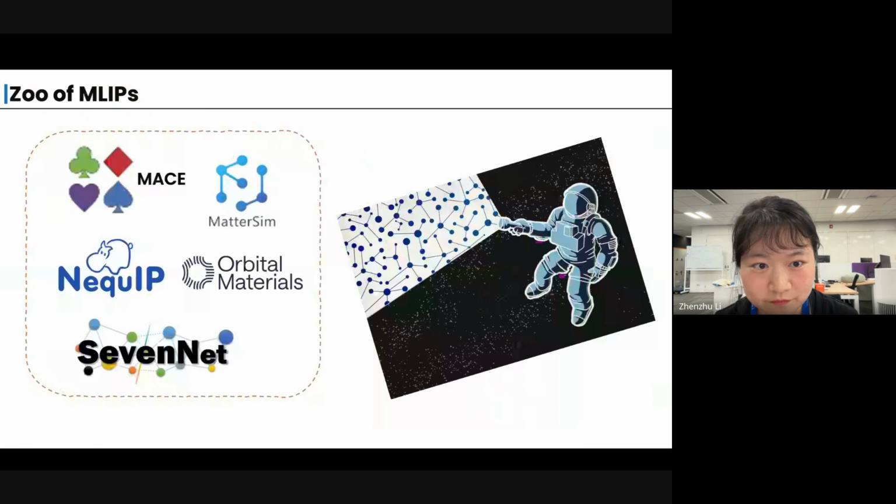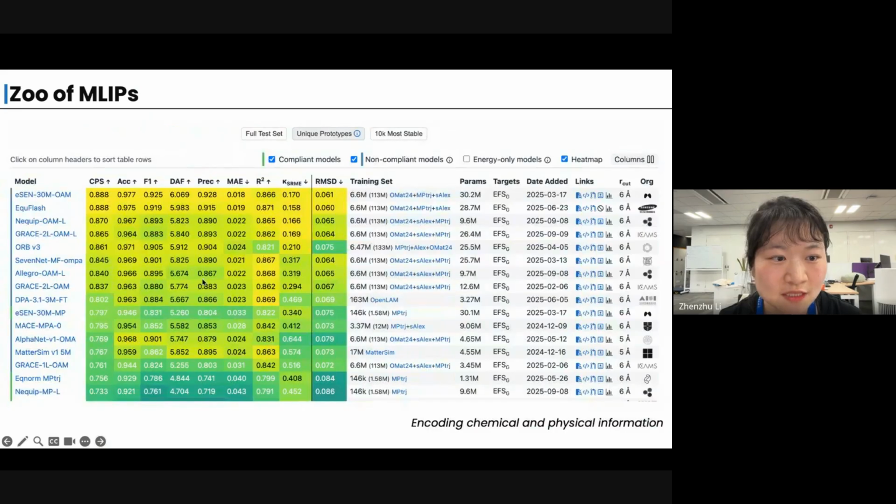And then we do have a zoo of machine learning interatomic potentials, and of course on the Matbench, the ranking can change from time to time, and we already have a lot of models to choose from.